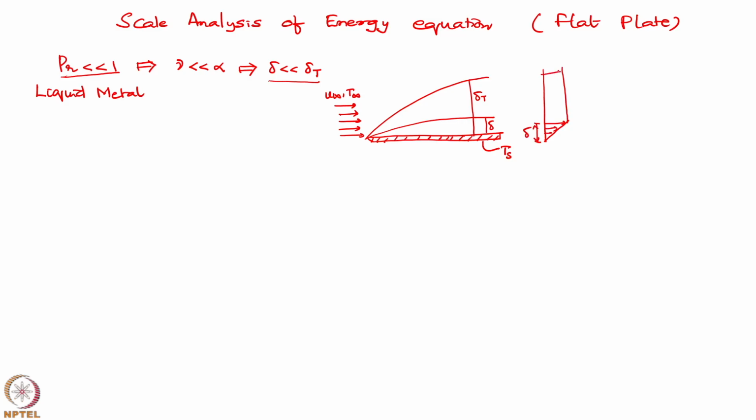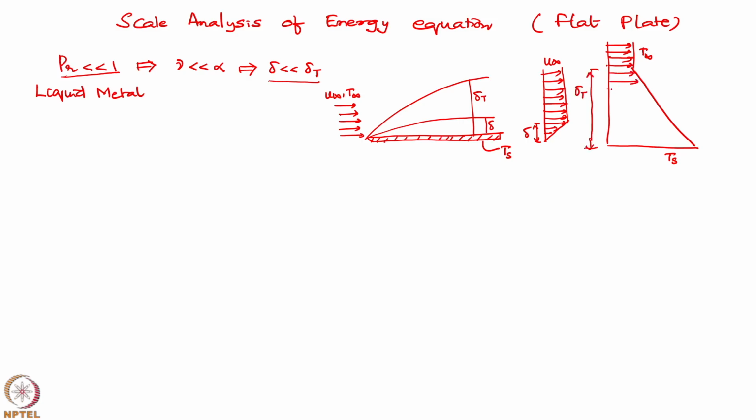The rest of the velocity profile is u infinity. On the other hand, you have the temperature profile, this is your T infinity, and this is the Ts, and this is my thermal boundary layer thickness delta T.